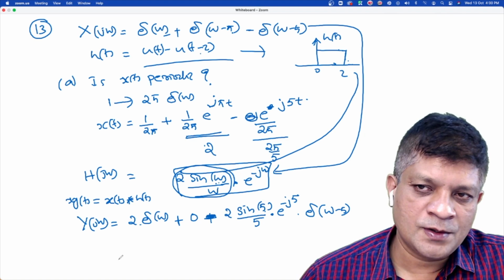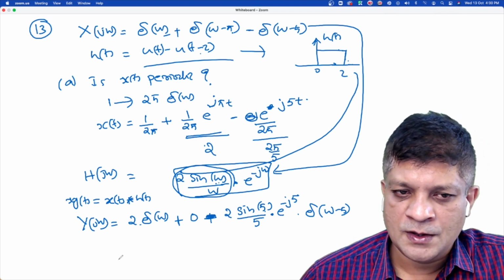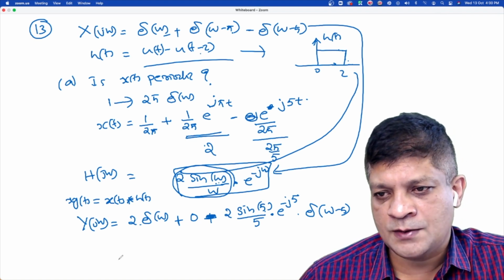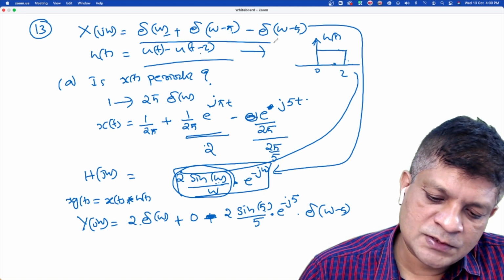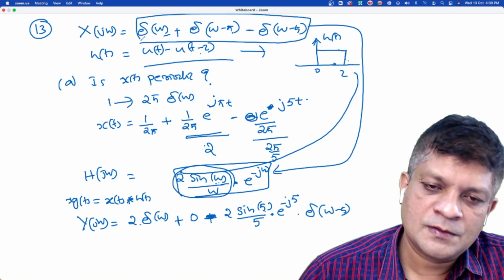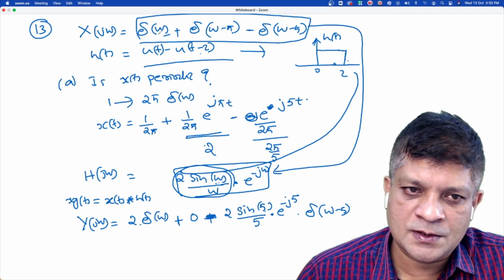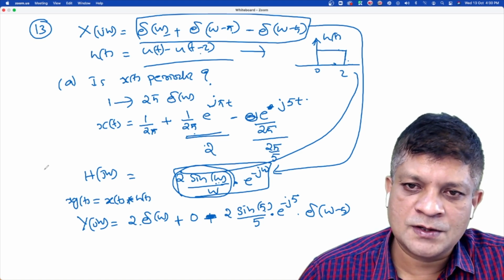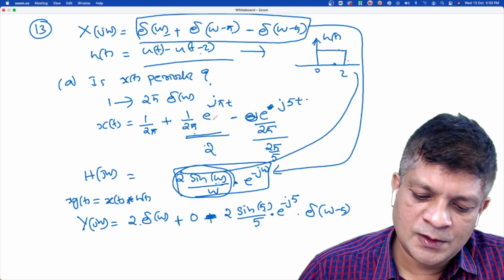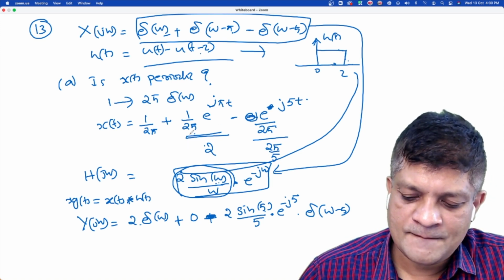Here you don't need to find the inverse Fourier transform. From this itself, you can argue that it is a periodic signal. Why was x(t) not periodic? It is a sum of these two signals. Now, if you remove one of those, will it be a periodic signal? Sure, it is a periodic signal.